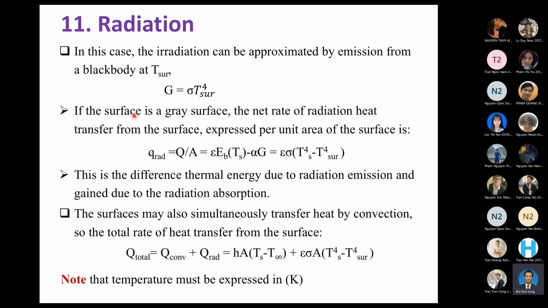If the surface is gray, the net rate of radiation heat transfer from the surface per unit area is q radiation equal to Q divided by area, which is equal to epsilon sigma Ts to the power 4, minus alpha G.